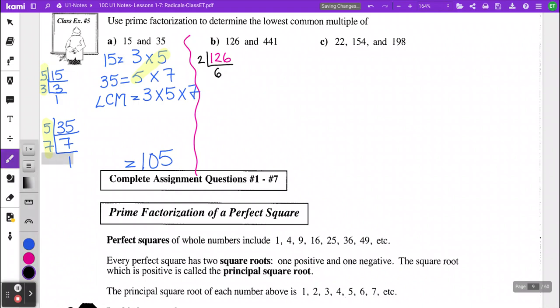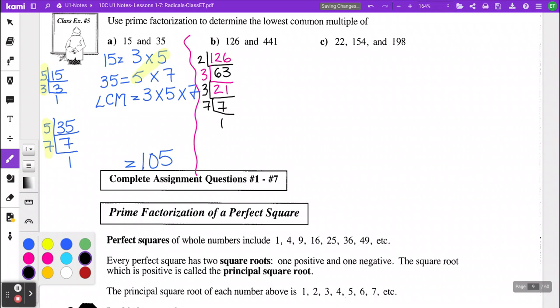Odd numbers we start dividing by 3. And yes, it will divide by 3. And that's going to give me 21. And again, it's an odd number, so I'm going to divide by 3. And that's going to give me a 7, which I'm going to divide by 7 to give me a 1.